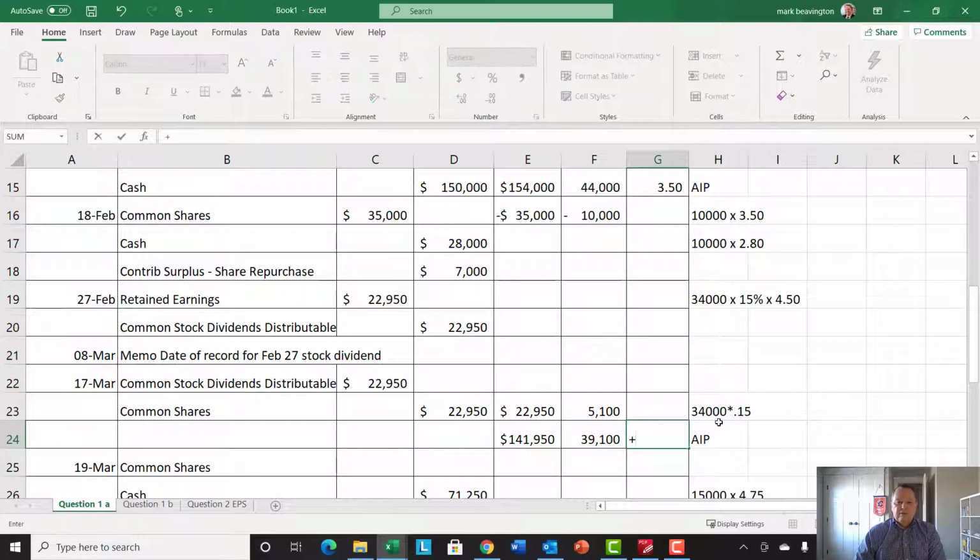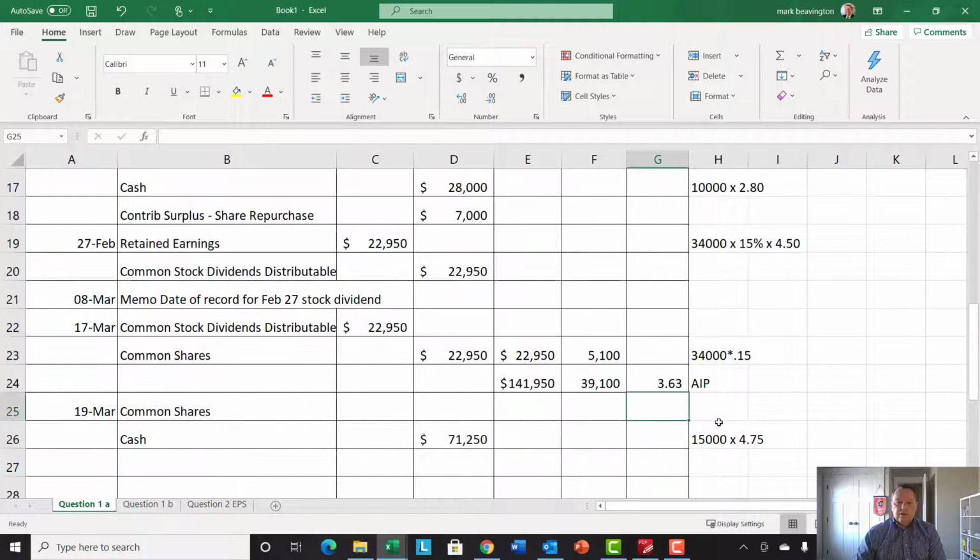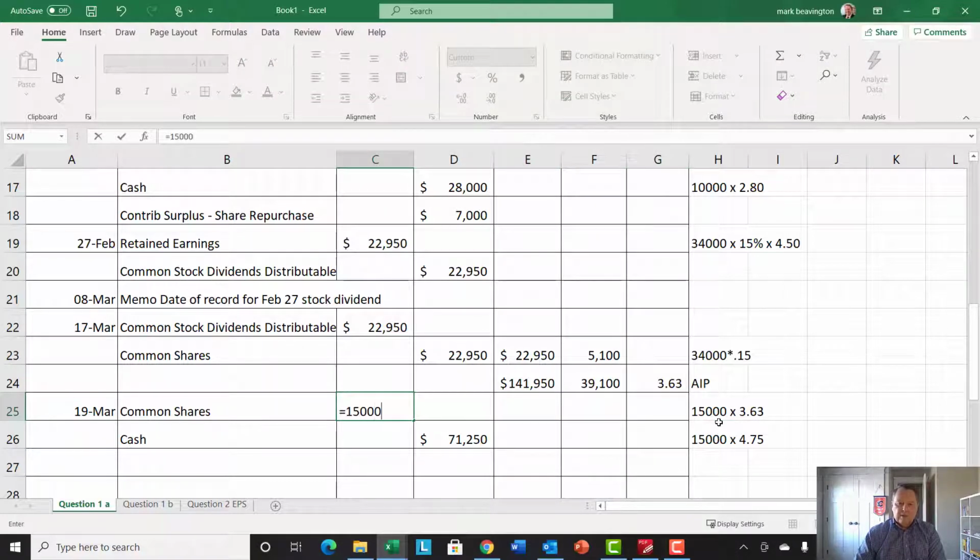So the average issue price is the dollar value divided by the number of shares outstanding, which is $3.63. So we're going to redeem 15,000 shares at $3.63 a share.